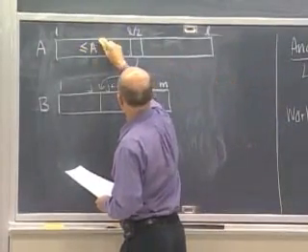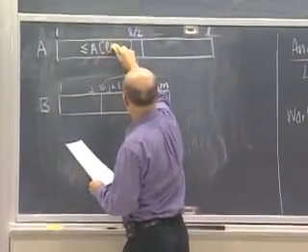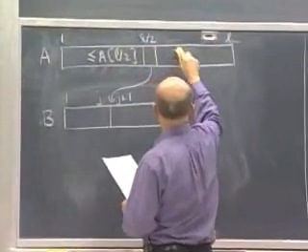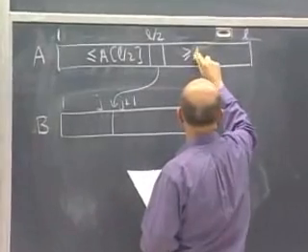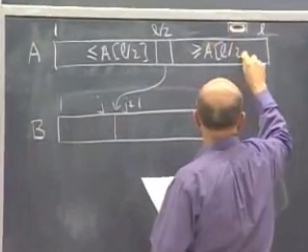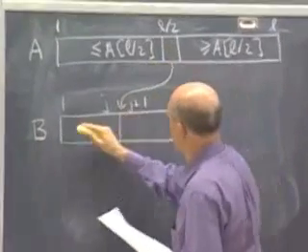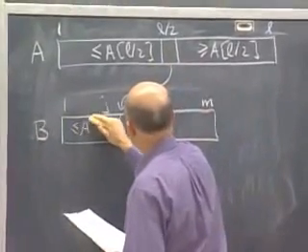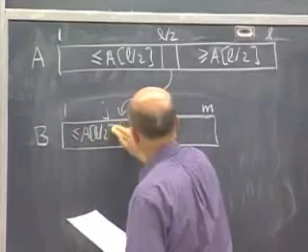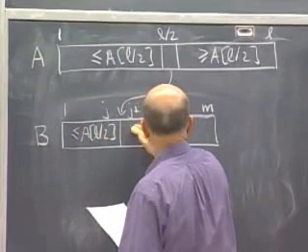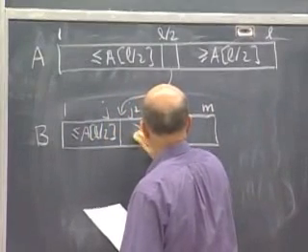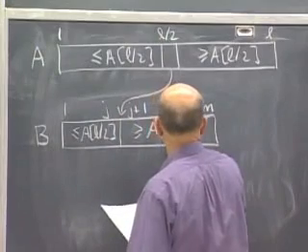So we know, since this is sorted, that all these things are less than or equal to A of L over 2, and all these things are greater than or equal to A of L over 2. And similarly, since that element falls here, all these are less than or equal to A of L over 2, and all these are greater than or equal to it.